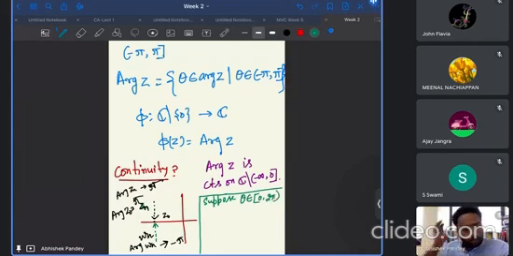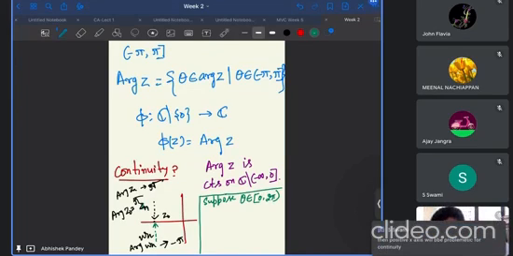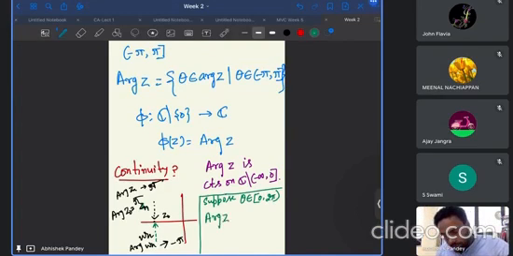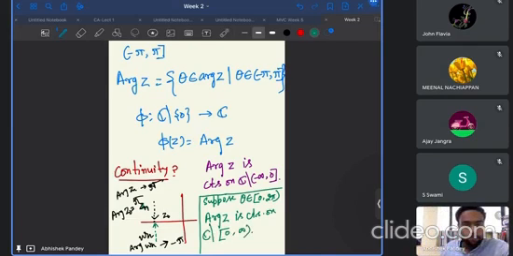Then what can we say about the continuity of the argument of z, capital ARG? Then the positive real axis becomes the problem, so the argument of z is continuous on C minus the non-negative real axis, 0 to infinity.